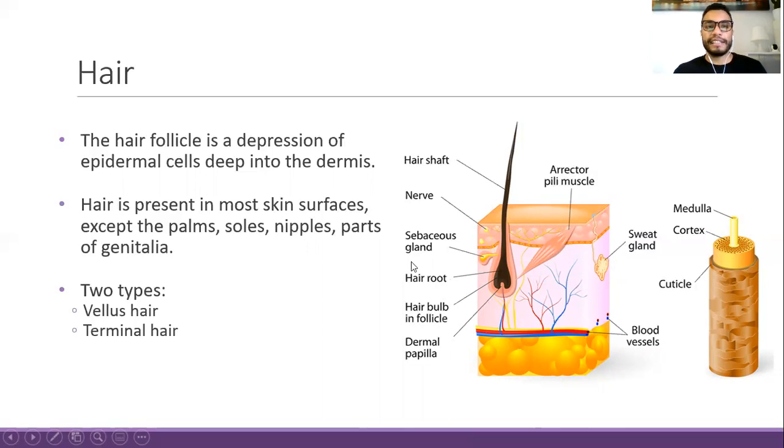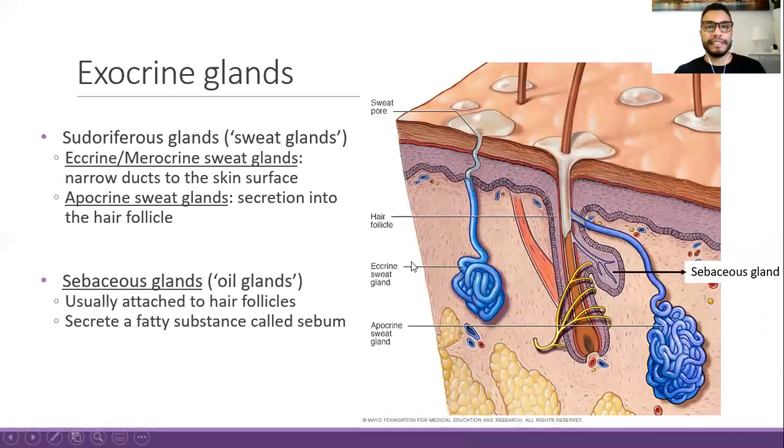We have next the exocrine glands, which are also considered accessory skin appendages. You were introduced before, in the endocrine system, to the basic differences between an endocrine and an exocrine gland.